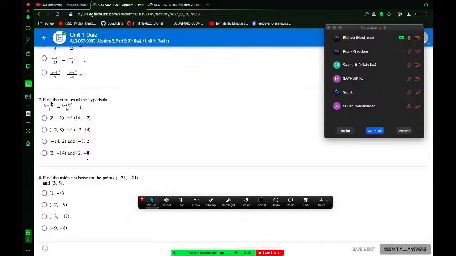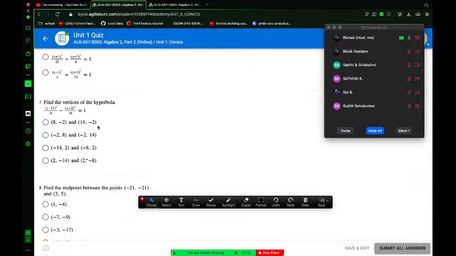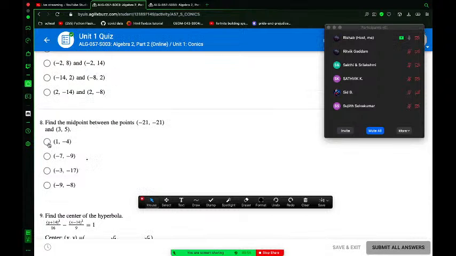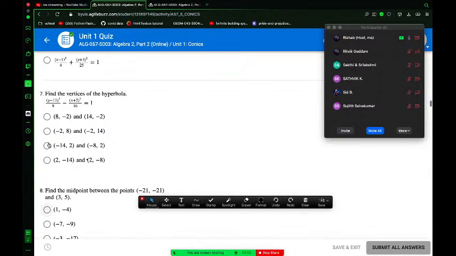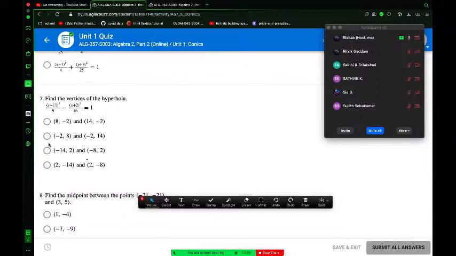So that says y actually, and it says y over the small number instead of x over the small number. So we know that this is a vertical transverse axis. Don't get tricked by that, guys. It's a very tricky thing that they do.